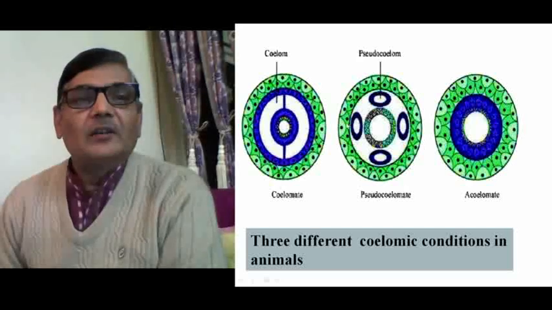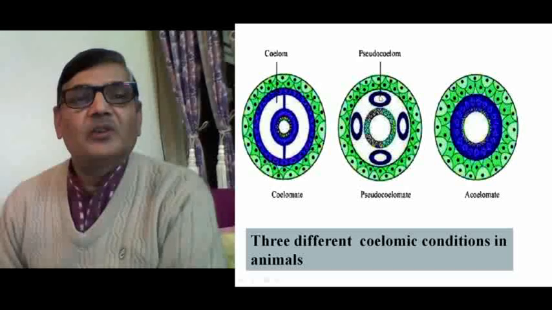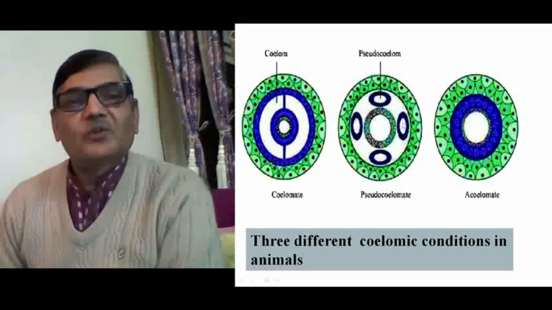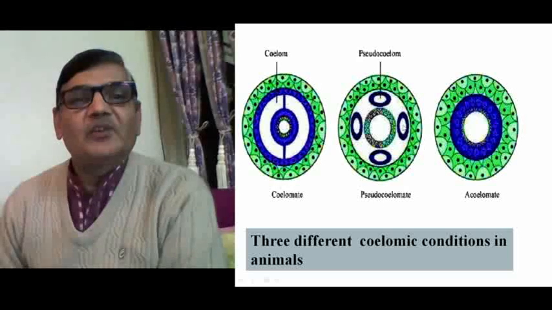Here all the three layers are there, that is ectoderm, mesoderm and endoderm. This one is the space of the alimentary canal. But see, there are internal spaces encircled with mesoderm, but these spaces are not formed by the splitting of mesoderm. They are actually the blastocoel. So the blastocoel remains scattered in different areas of the body.